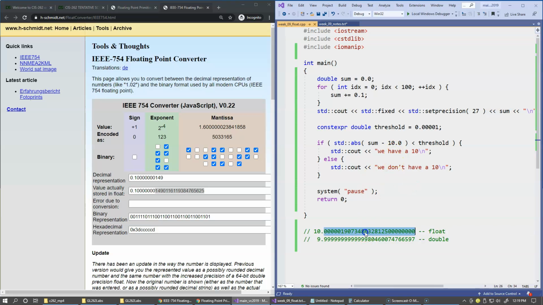But this is the float result, and you can see that this is the accumulation, these values right here. This is all the accumulation of these extras, because that's the real proximity to which we can get, or as close as we can get, to actually storing 0.1 in our hardware using this IEEE standard.